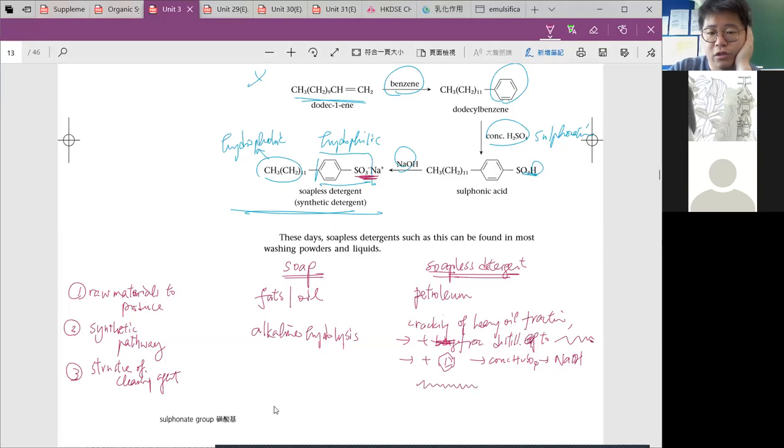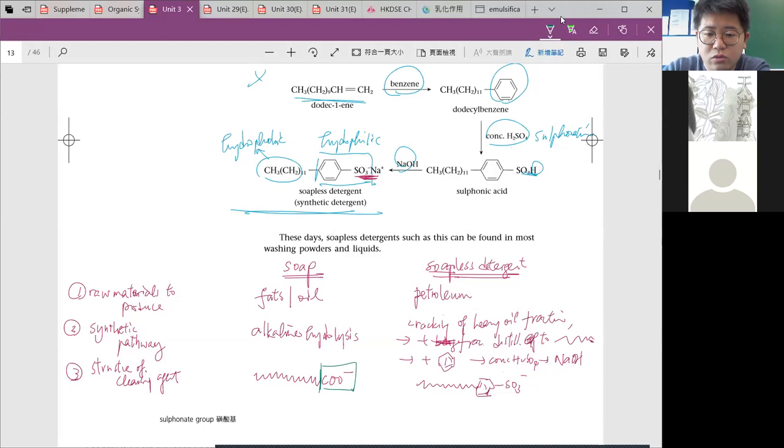A very long chain, and then benzene here, and then sulfonate. This is the structure of the cleansing agent. How about this soap? Something like that, right? So what will be the end? COO minus, okay?